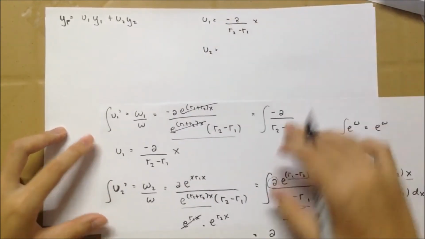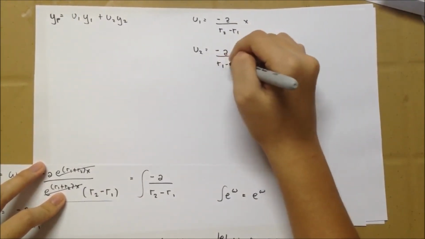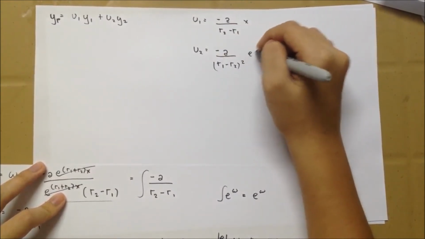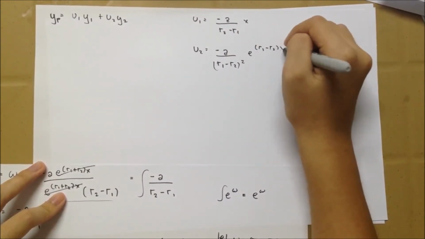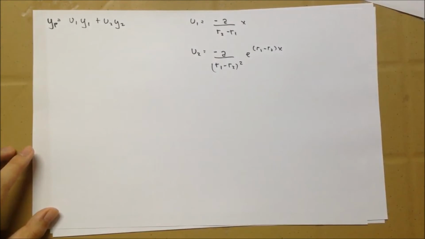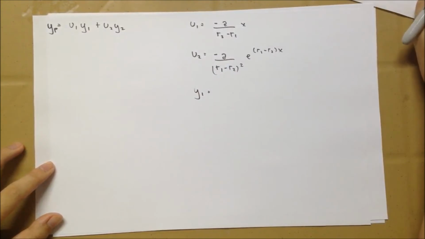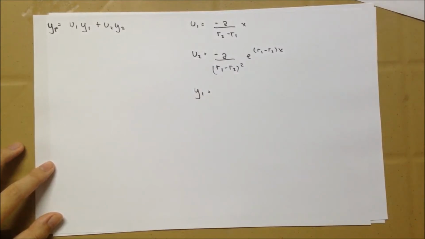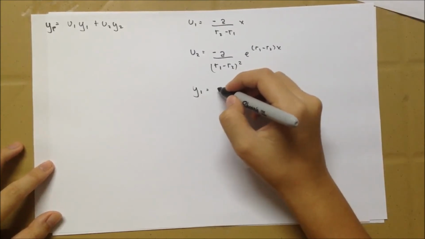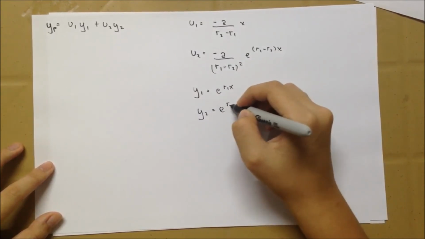My u2 was negative a over r1 minus r2 squared times e to the r1 minus r2 x, where my y1 was e to the r1x, and my y2 is e to the r2x.